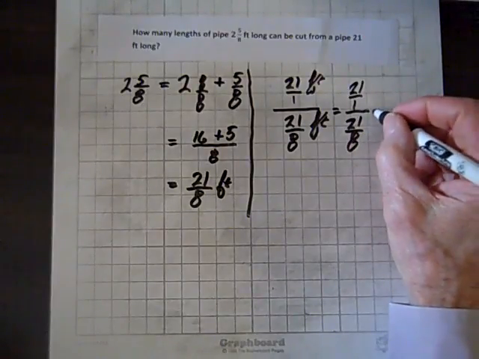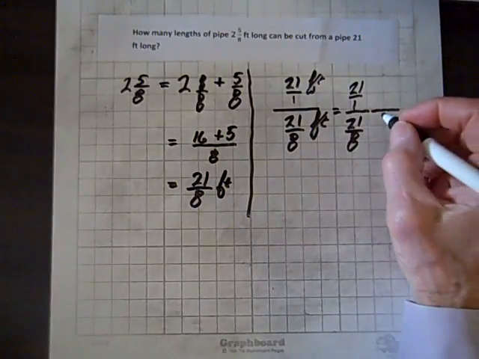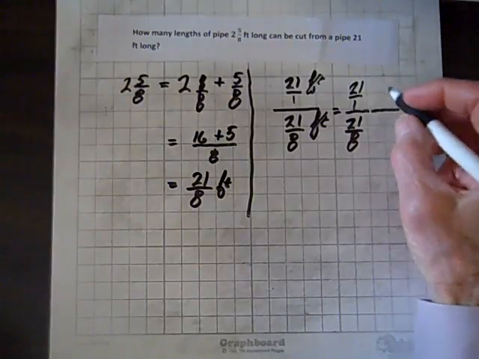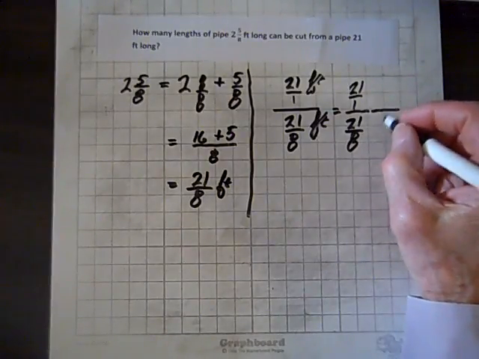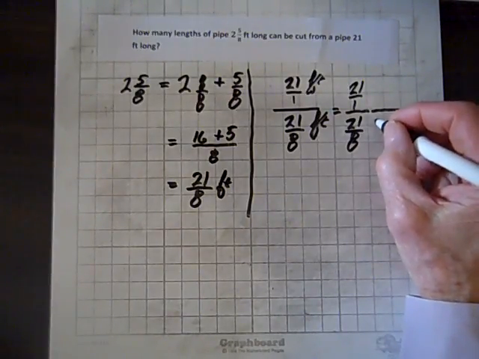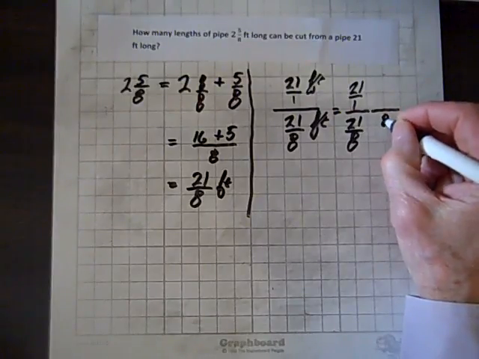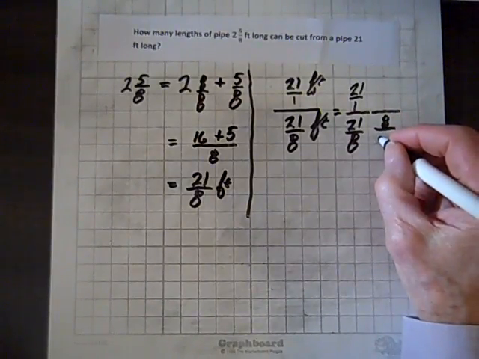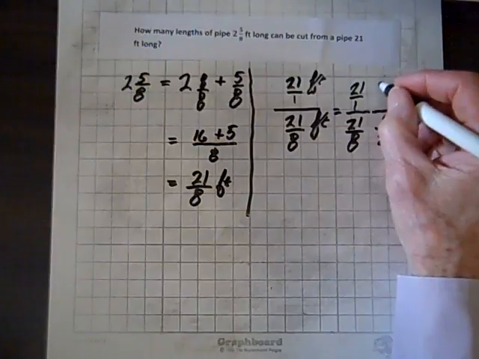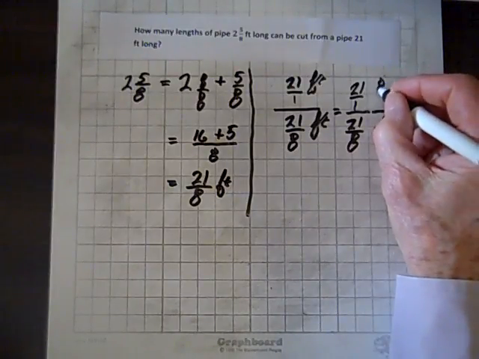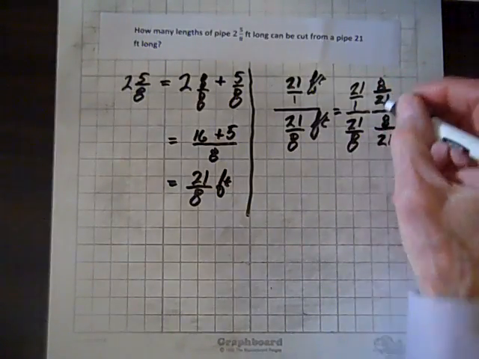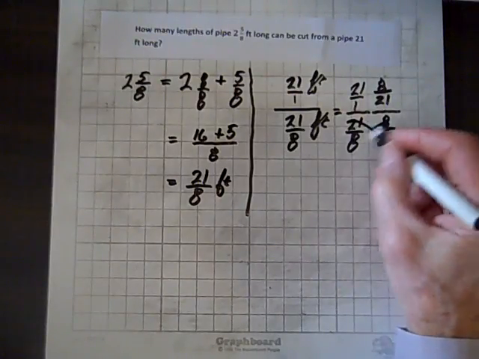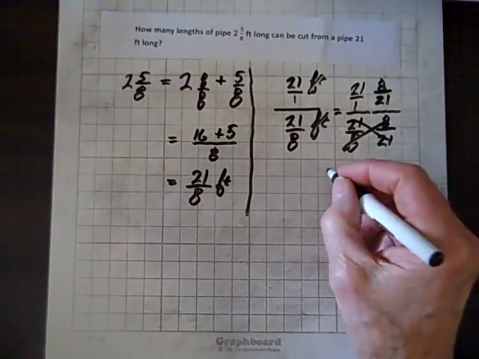And so we're going to invert and multiply. In other words, the long story is we're going to multiply by 1 in the form of the reciprocal of the denominator over the reciprocal of the denominator. And the product of reciprocals is 1, so they're gone.